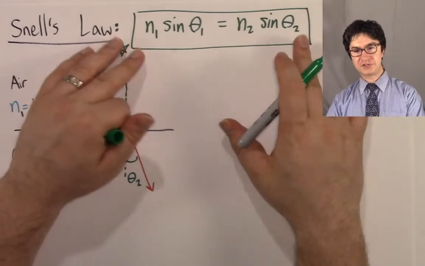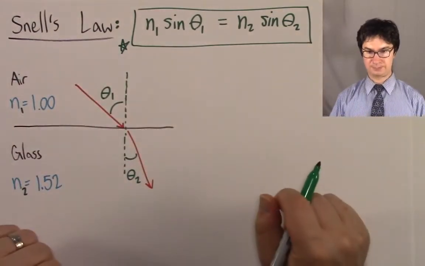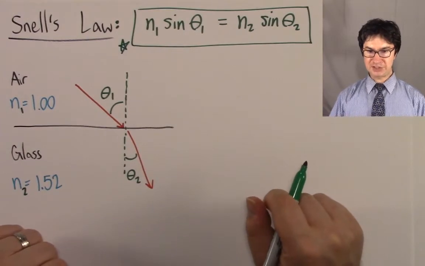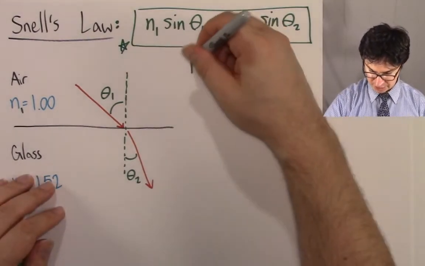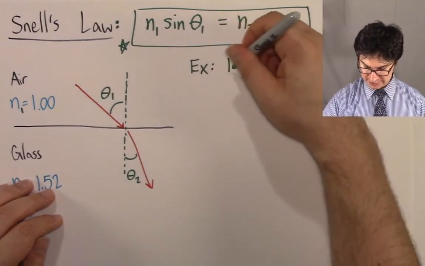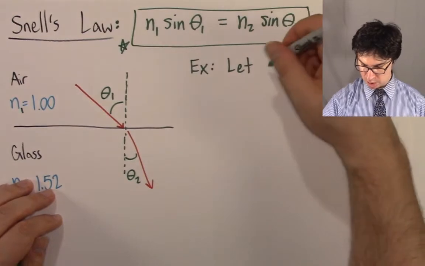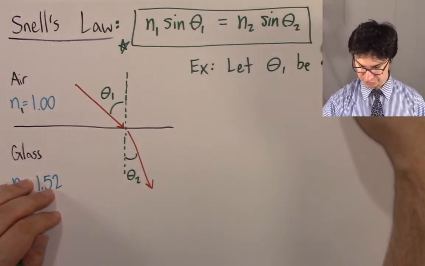Okay? And over time, we're going to see how those two patterns that we talked about are baked into Snell's law. Okay? So let's go ahead and do a quick example. So in our example, let theta 1 be 50 degrees.